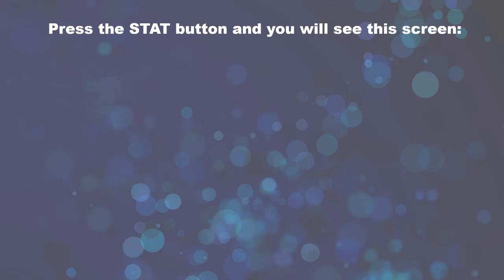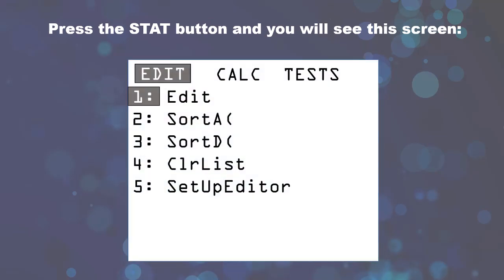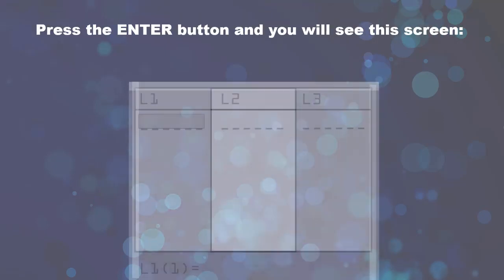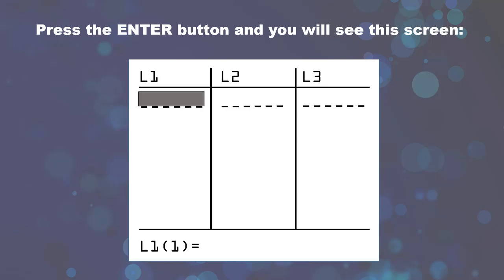Then what you're going to do is press the Stat button, and you'll see this screen. And we want to hit enter immediately, because that's going to take us to the list edit screen. Now, if you have numbers in your lists already, for instance, if you borrowed your calculator from the library and there's data in that from the last student, then what you can do is empty out the data.